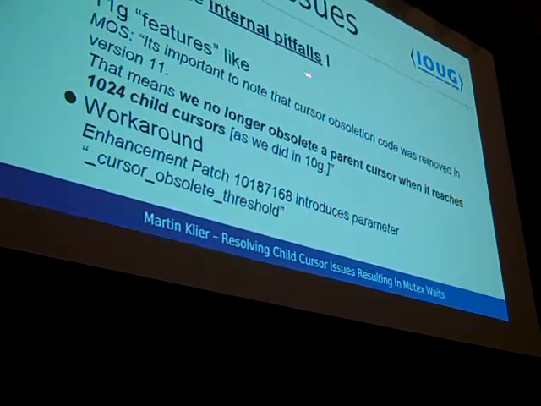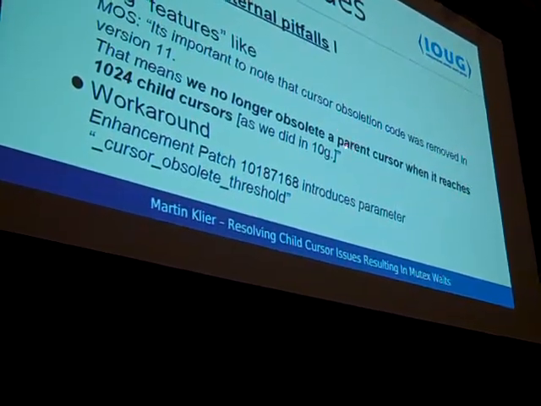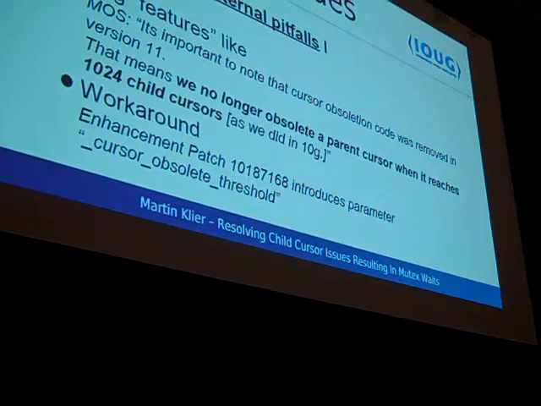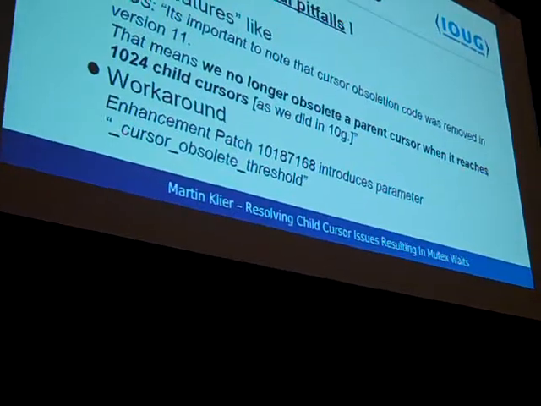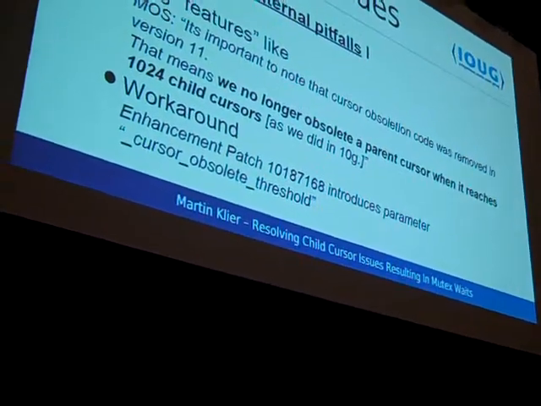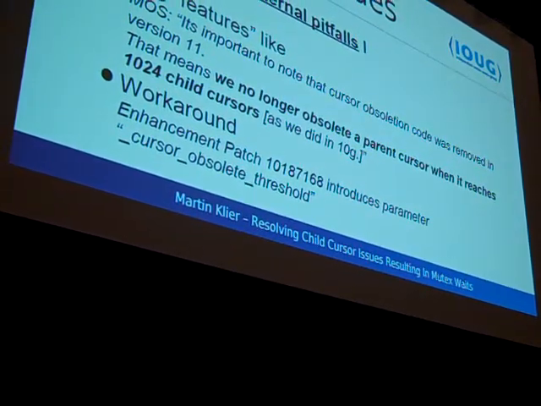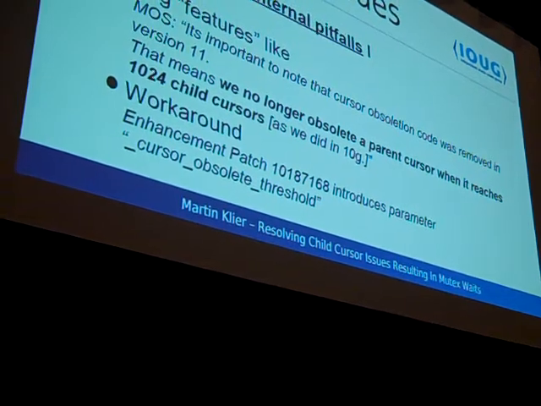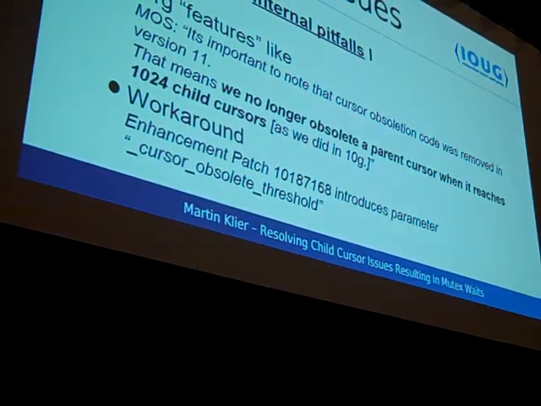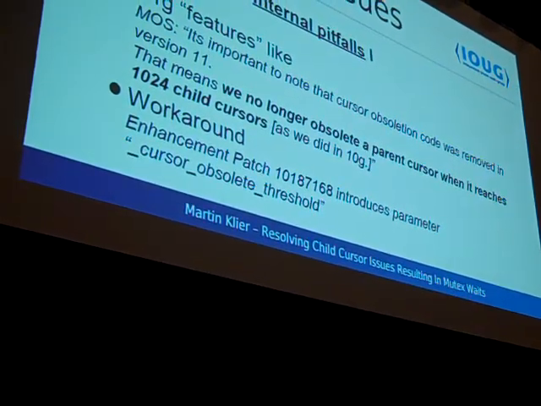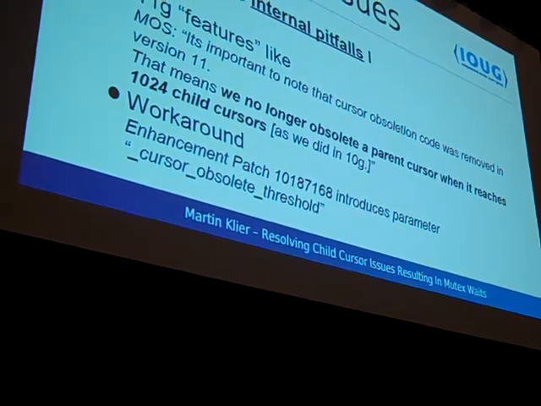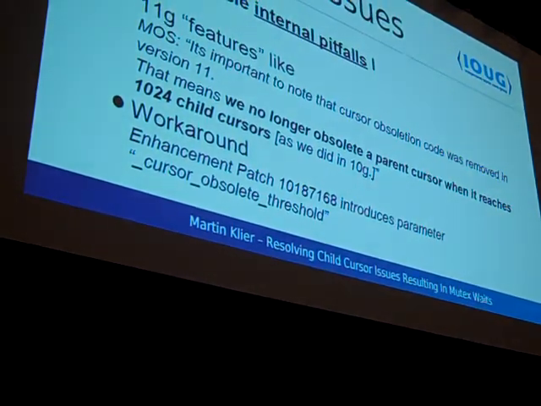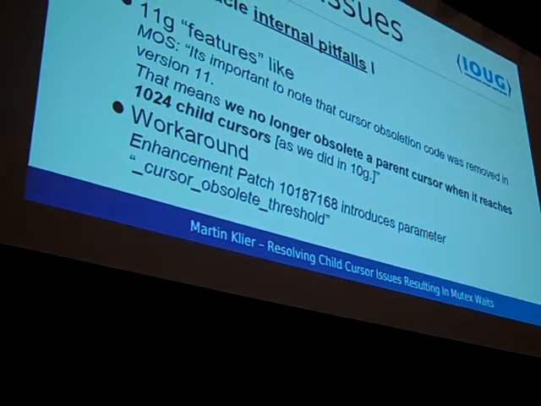So if you have an issue like that and cannot solve it by root cause, you can at least go to the most recent version or apply this patch. Then you're invalidating the cursor after 1024 child cursors are generated. Then you have to reparse it, and you have to pay for the reparse, but then you work for a limited time again. In my case, it would mean reparsing every 3 minutes. Hard parsing every 3 minutes.